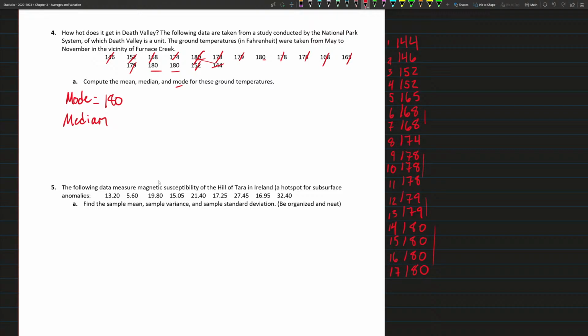That gives us 178 as our median. And then for the mean, we just add all these things up and then divide by 17. I'm going to do that on a calculator real quick.